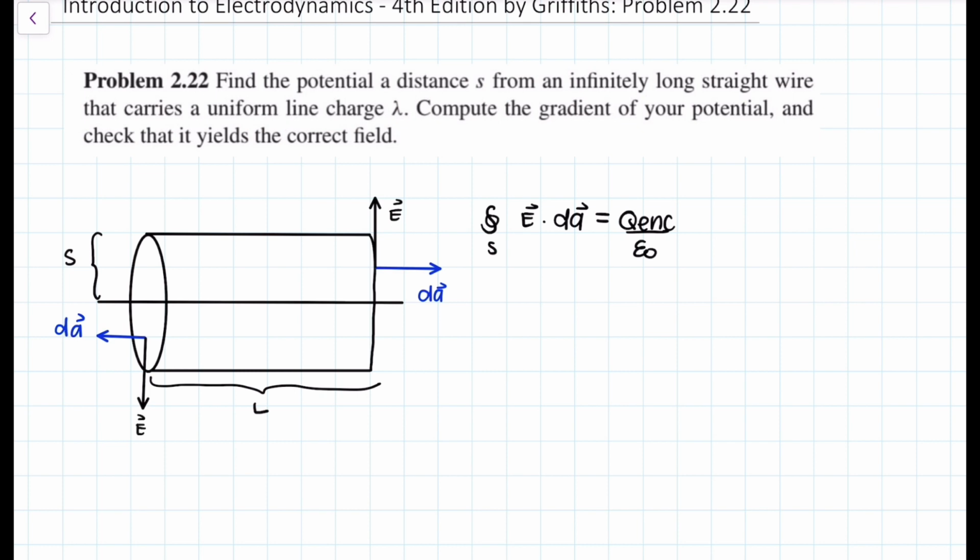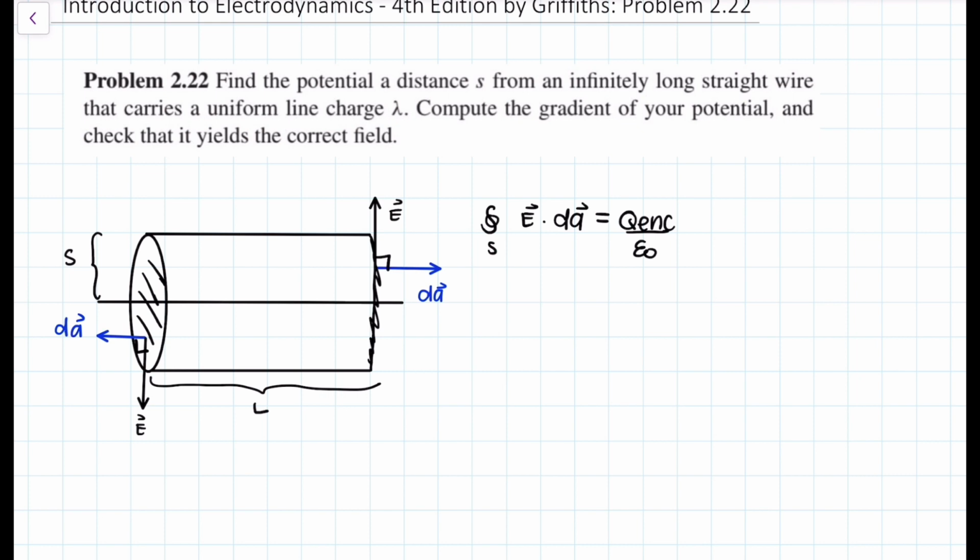The issue with this is that these two are perpendicular, and so will be every point on the whole end surfaces. Because we're taking the dot product and they're perpendicular, the electric flux from these two surfaces will be equal to 0. So they won't contribute to the total flux, and we only worry about the long side of the cylinder.